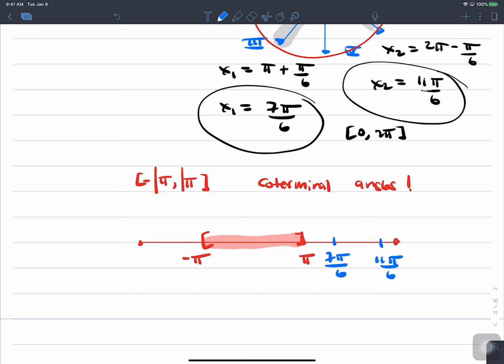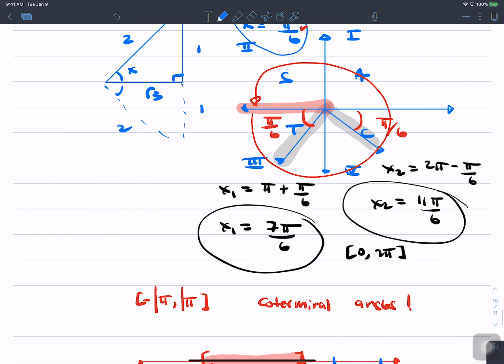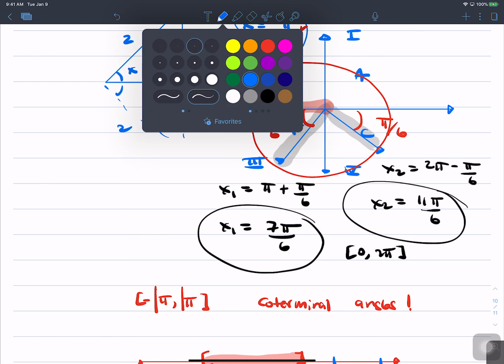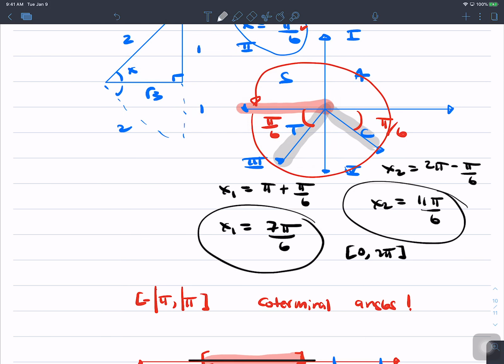So how do I find the coterminal solutions? Subtract pi. I'm sorry, take that back. We don't subtract pi. Let's take a look at this again in detail. The general solution is we have to add a multiple of 2n pi, and we have to add a multiple of 2n pi for the second solution as well.